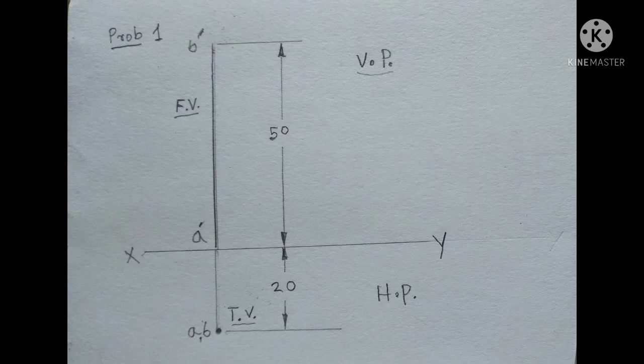It is because the object line will always be thick or firm. And another important thing is that there is no need to give the unit of the dimension, such as 50 millimeter, 20 millimeter, etc. Instead, mention at the bottom of your drawing sheet that all dimensions are in millimeter.